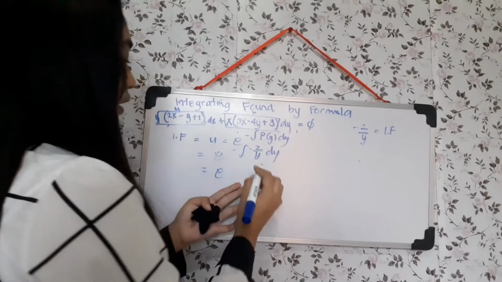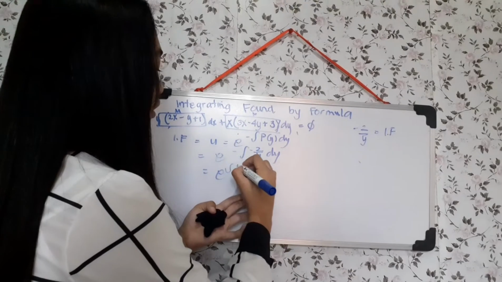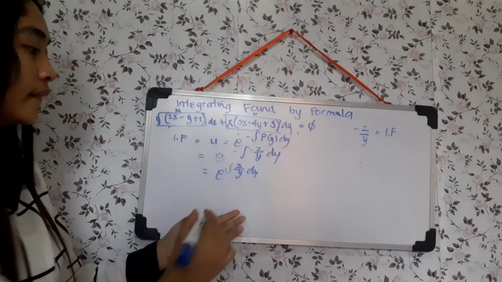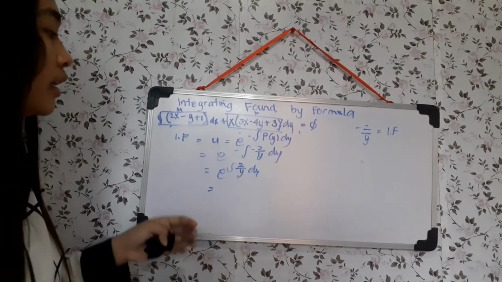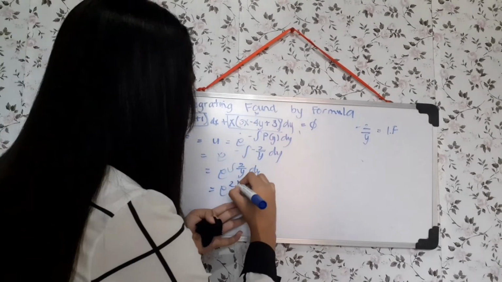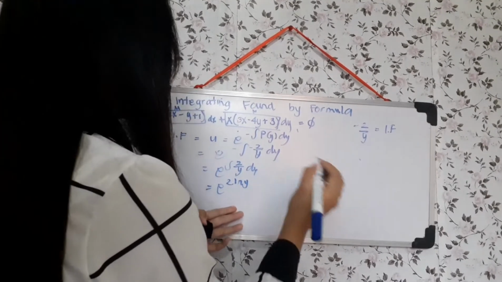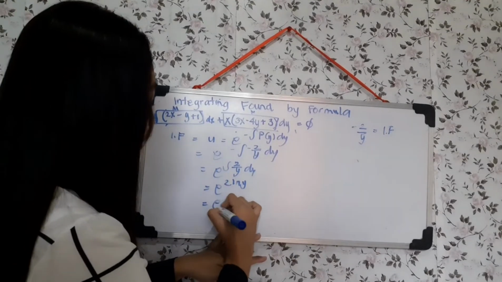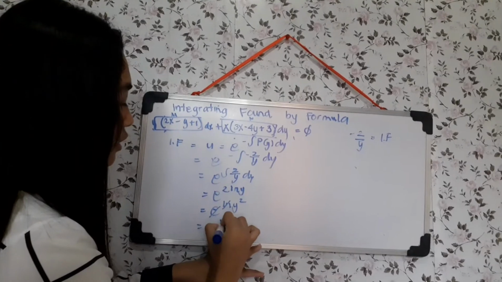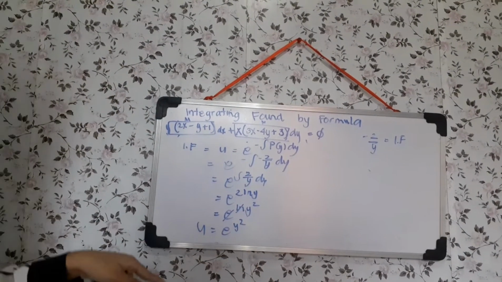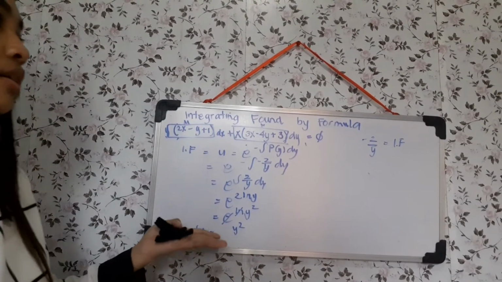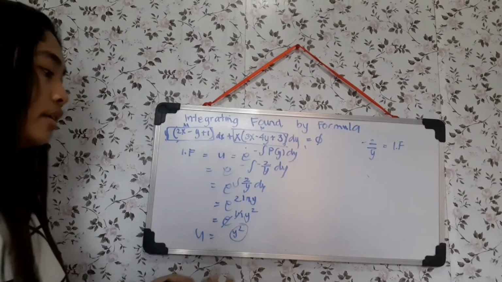So e raised to the integral of 2 over y dy. Then e is equal to e raised to 2 ln y. Then e raised to ln y squared, cancel. So e is equal to y squared. So our integrating factor is y squared.